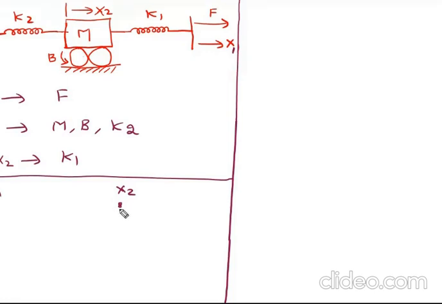Next x2, one element is M. Next two elements are, one is B. The symbol of B is like this, the graphical symbol.